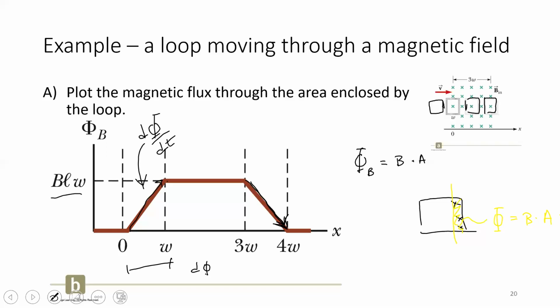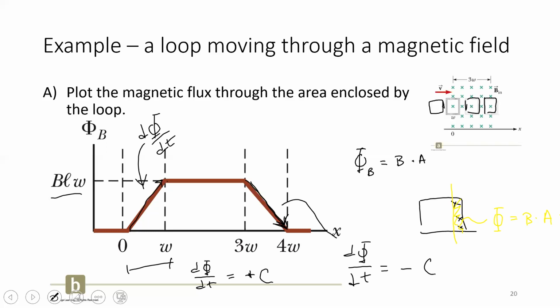So d phi dt is positive, and it's some constant value, because that's a nice linear increase. We'll just call it C. And then in this region where we are leaving the magnetic field, our flux has a downward slope, so it's a negative sign, and again some constant value that has to do with our velocity and how much time it takes us to leave that area.